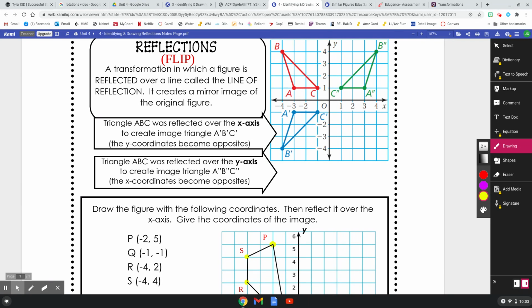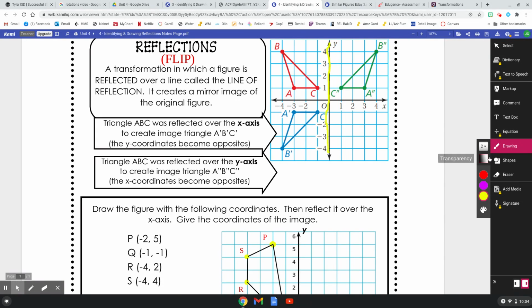So we always have how to write this algebraically and then how we actually move the figures. So on our triangle ABC, if we wanted to reflect this over the y-axis, that is the one that is going straight up and down.